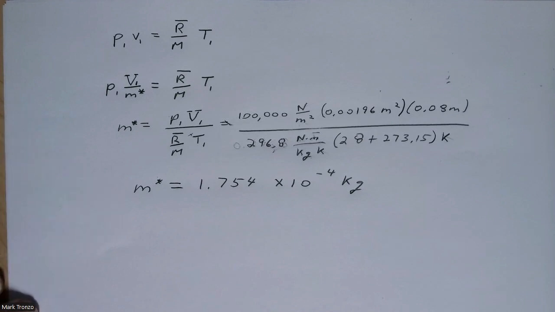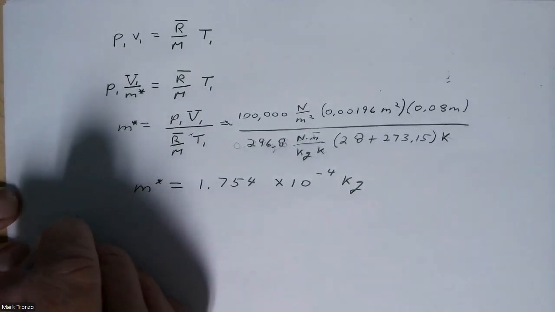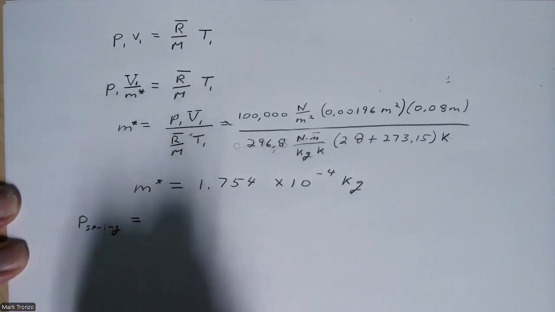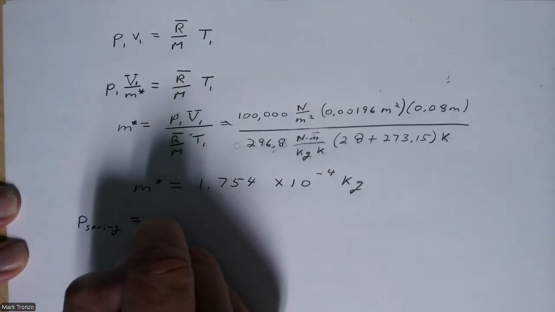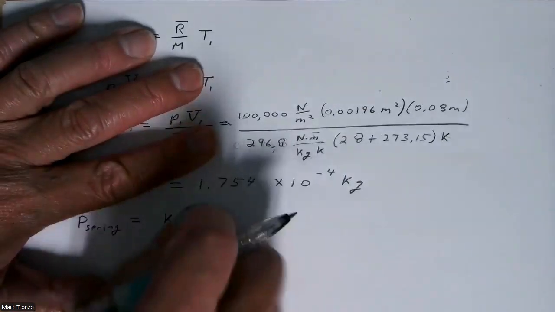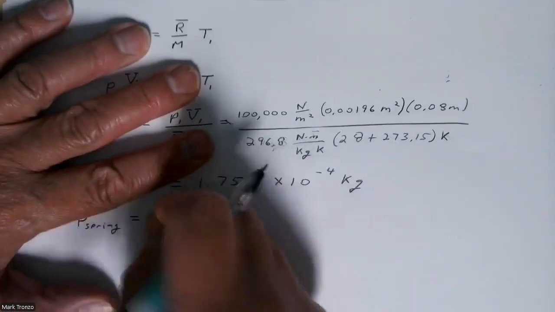Now we need the final pressure on the gas. And so the final pressure is going to consist of the pressure from the spring. Let's actually write that down. The pressure from the spring is going to be like our K times our H. Actually, maybe let me write it this way first, to see if this makes a little bit better sense.